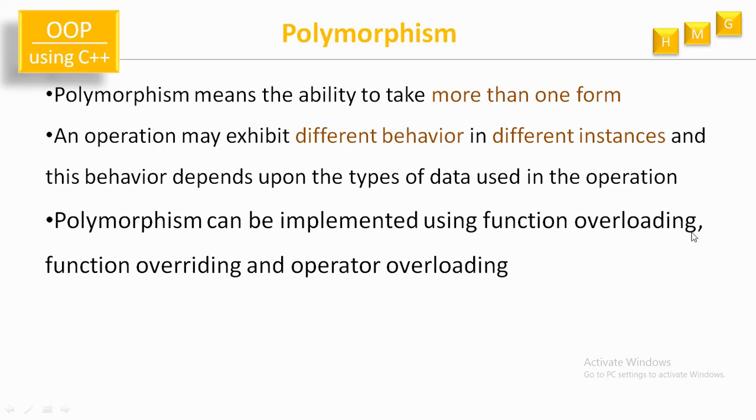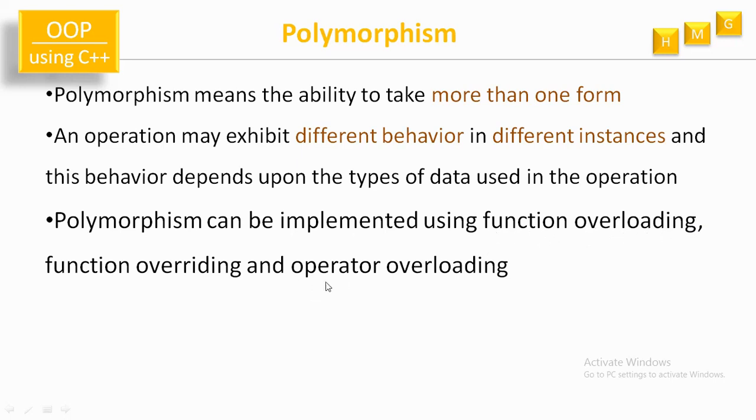If I provide length and breadth as data or arguments to the function, it will find the area of a rectangle. If I provide three sides of a triangle as arguments, it will find the area of a triangle. So like this, the function is one, that is area, but it will behave differently at different instances depending on what type of argument you are providing to that function. That is function overloading, and that is an example of polymorphism.